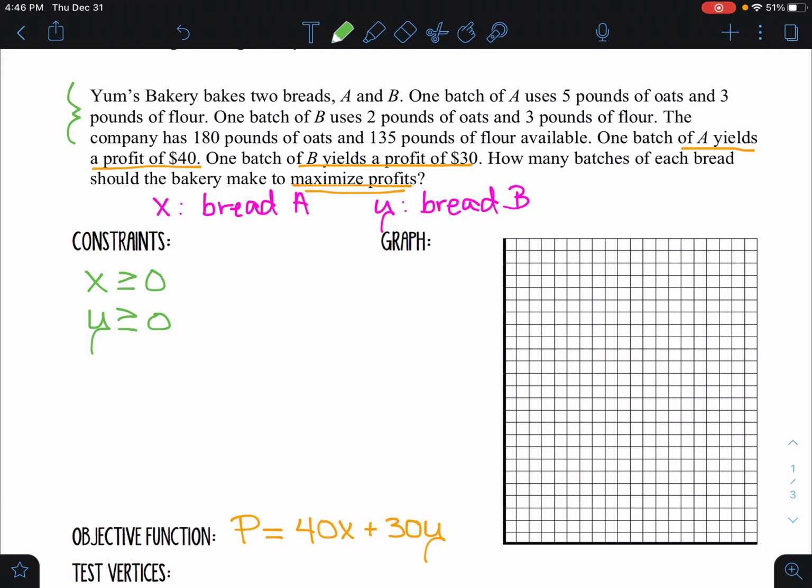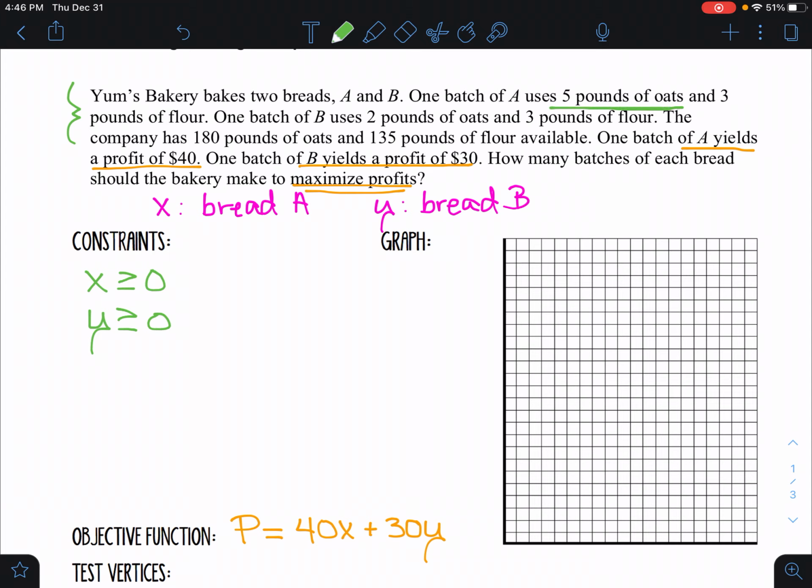They're trying to mix things up so that you get confused. Really what we want to do is write a constraint. Our constraints are we only have so many pounds of oats and so many pounds of flour. So what I really want to look at is what is a constraint on oats and what is a constraint on flour.